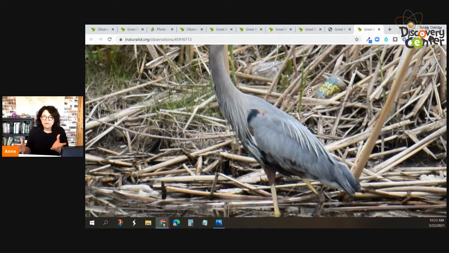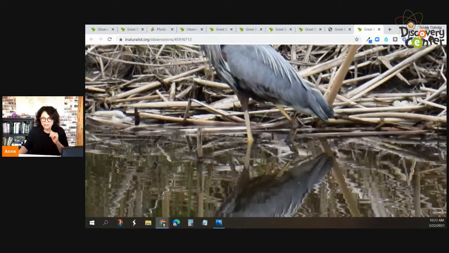So while we learn about herons, we also have to be thinking about how we can take care of them. And one of the ways we can take care of herons and we can take care of all animals is to be careful with our trash. Make sure it goes where it needs to go, in the trash can, not outside, because that trash ended up in the water where the herons are.